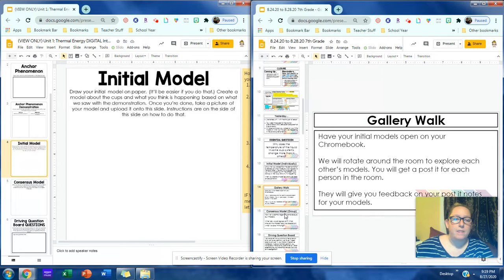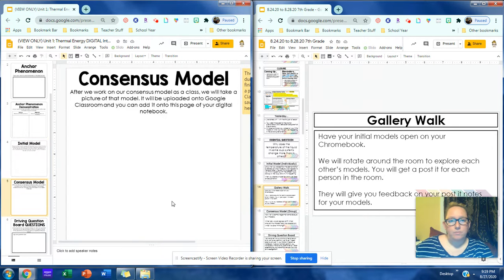The consensus model is the next step in this lesson, and it's usually done in the classroom. So for those of you at home, we're going to use your images, which I'm hoping you have uploaded. If not, that's okay. We can always add to our consensus model. The consensus model usually changes periodically through the unit.